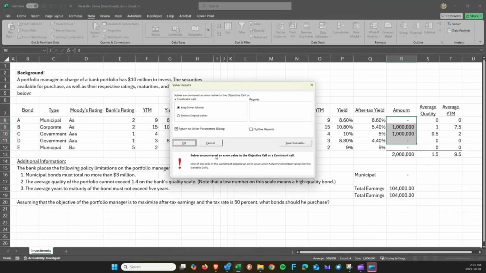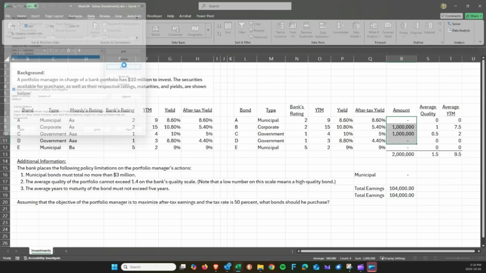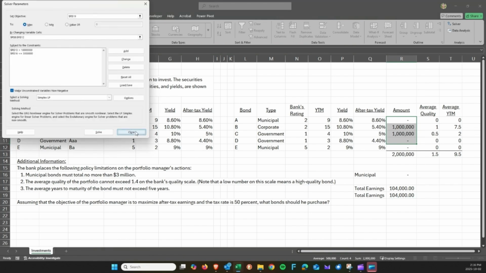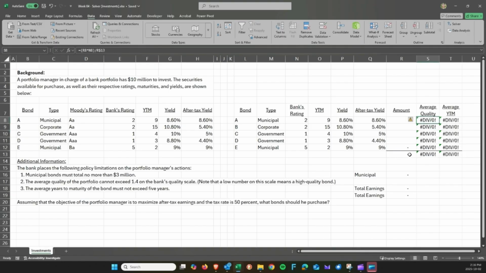This dialog comes up. It encountered an error in the objective or constraint. And it says one of the cells in the worksheet became an error value when Solver tried certain values for the variable cells. Okay, so one of the formulas I created produced an error. So I'm going to delete this and close out of my model. Remember when I first did this weighted average calculation? I get a divided by 0 error because this is actually producing a 0 total investment right now.